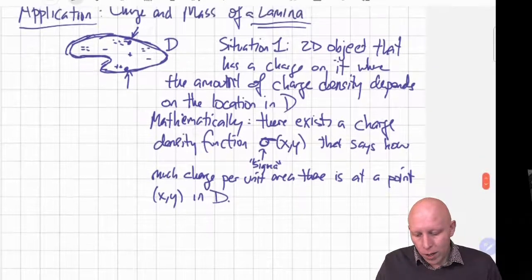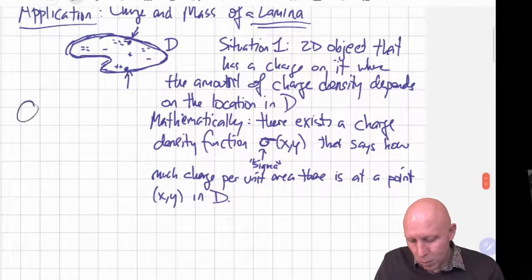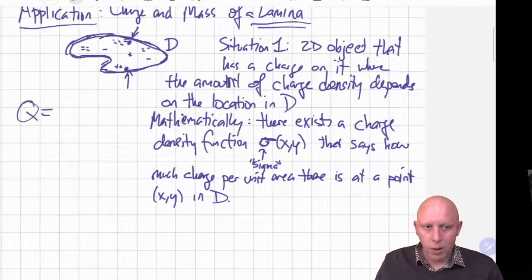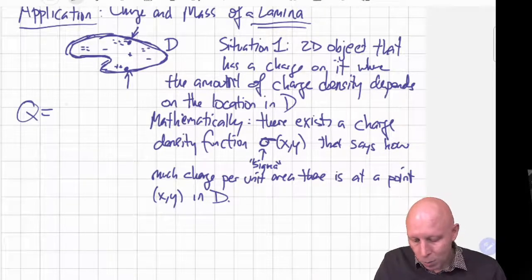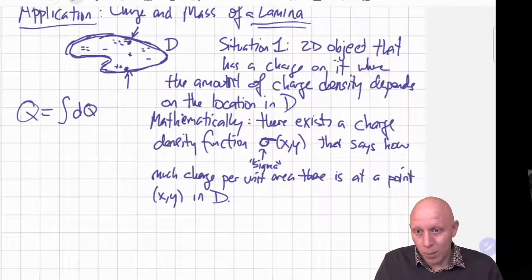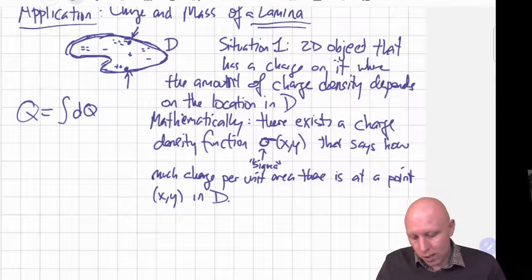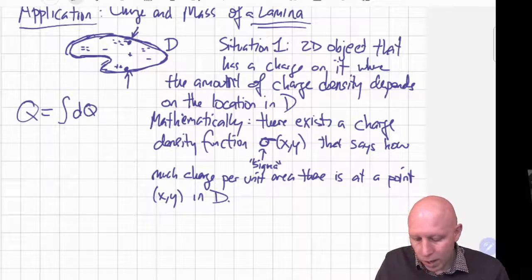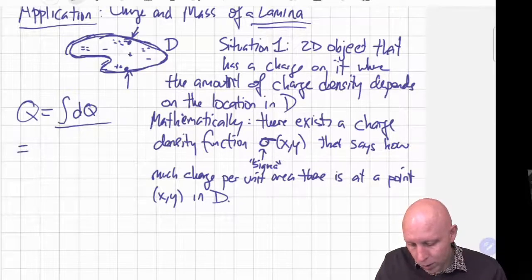And so we're using our basic principle: if we're trying to calculate how much charge there is on the whole lamina, we're going to add up all the little bits of charge throughout the whole lamina, chop it up into little bits. How do we do that? We ask how much little charge is there in a little area?